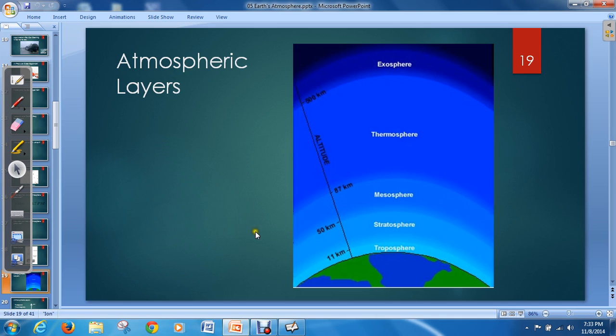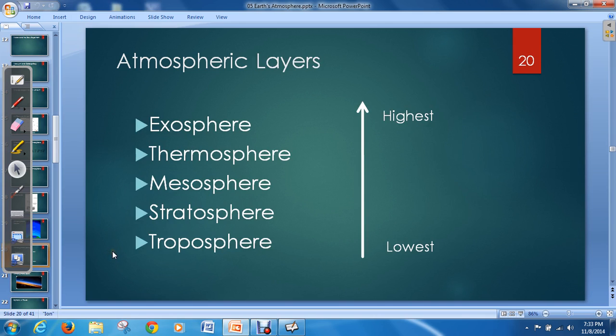We'll come back to this image in a second. But basically, what we need to know is the different layers and the order they go in. We do this in reverse because you can think of the Earth as the bottom of the list, the lowest, going up to the highest.